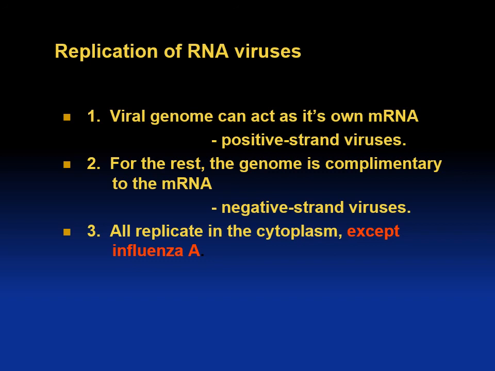For RNA, RNA also replicates in a different way. It all depends on how those RNA viruses are made. Initially, when we talk about DNA, we talk about two strands. If we consider one strand as a positive strand, then obviously the other strand, which is complementary to the first strand, is going to be a negative strand.